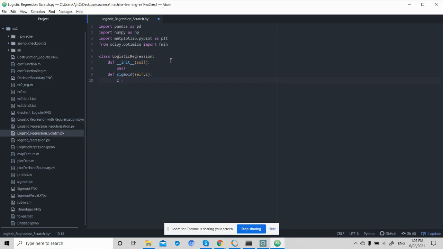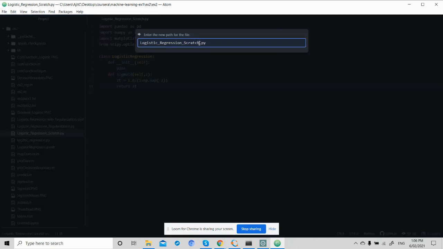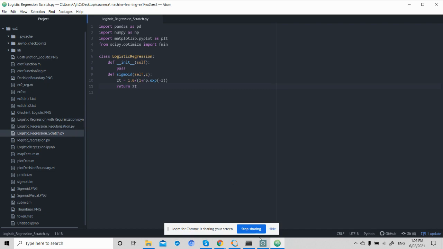The sigmoid would be 1.0 divided by 1 plus np.exp of minus z. Let's return this. So this is my sigmoid equation.